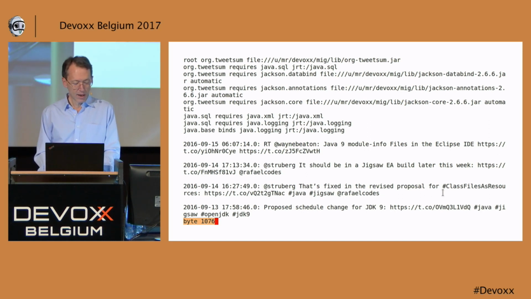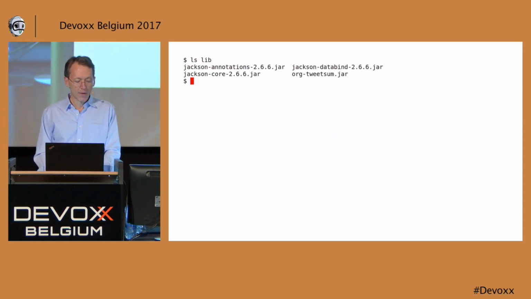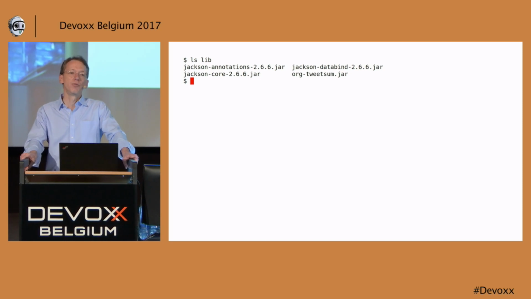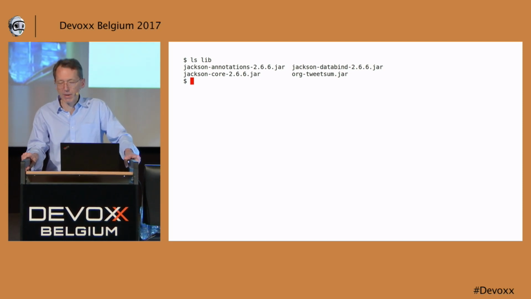All right, so that's automatic modules. Automatic modules are good for modularizing applications and code that you own and maintain. I strongly recommend that you do not make use of automatic modules in a library that you publish.